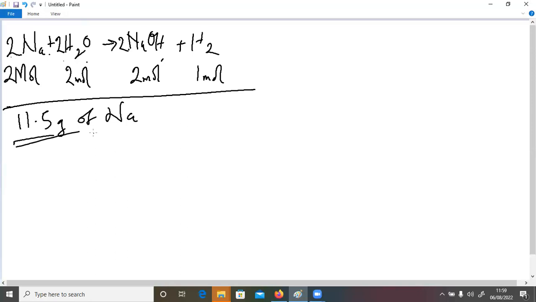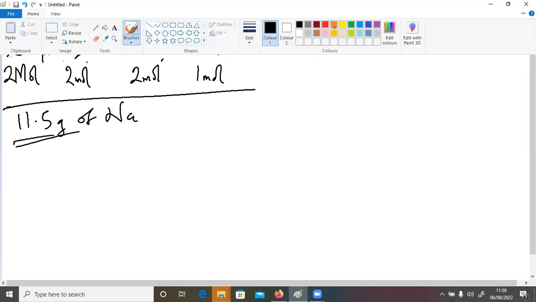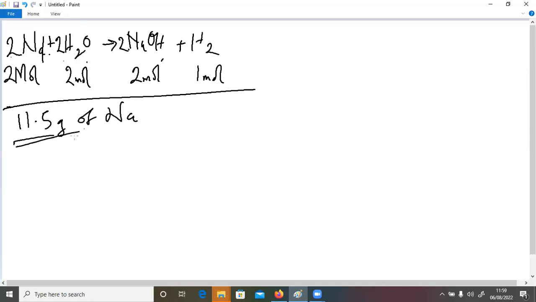Okay, so I start by finding what is the moles of sodium I have. I know that 1 mole of sodium is equal to 23 grams.